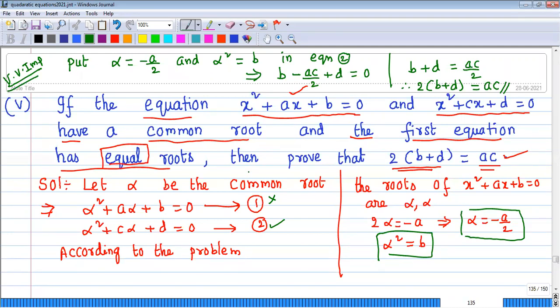So we shall use this one as a shortcut or tip for the multiple choice questions. This is very important for the board examination. In board examination, you need to give the proof, but in multiple choice questions, you need to apply this concept.